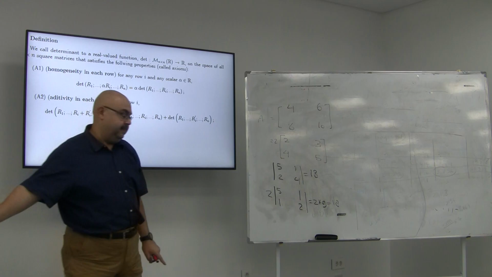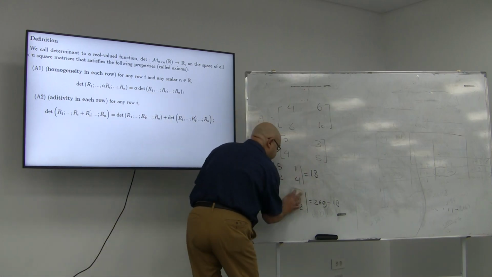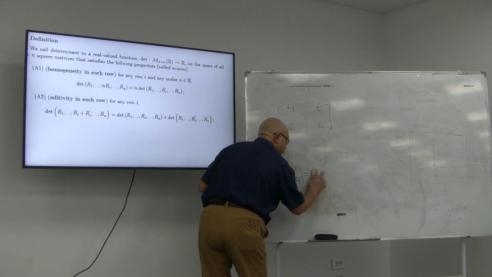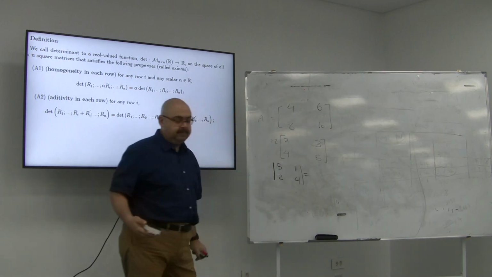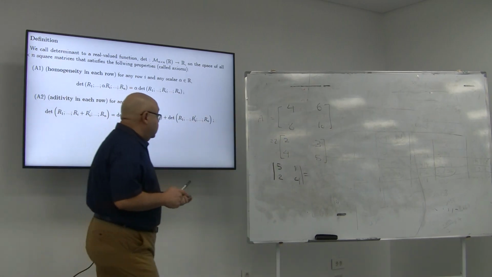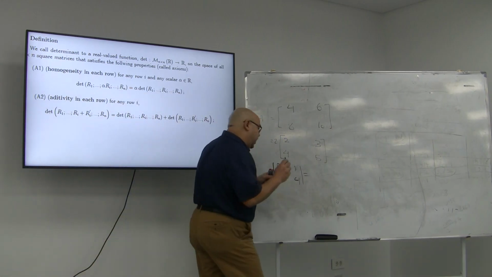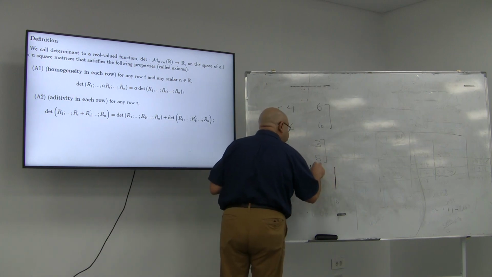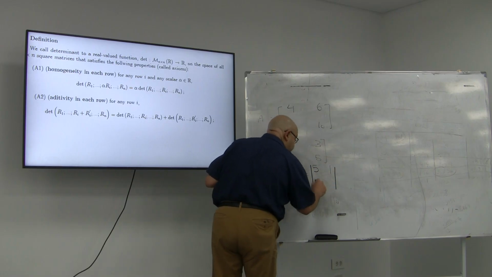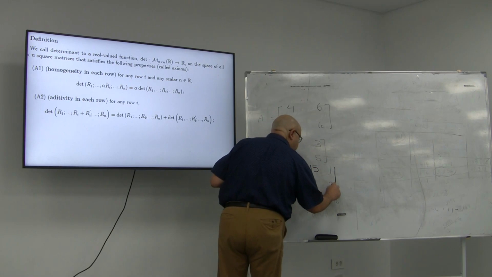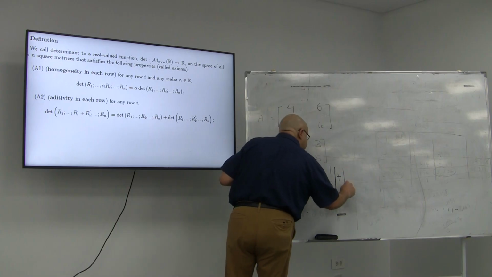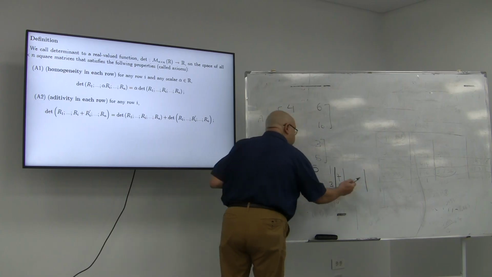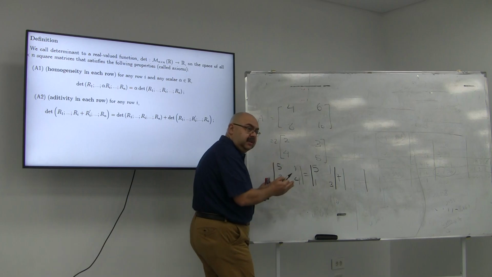For example, this determinant value will be equal to exactly the determinant value of this one, 5, 1, okay, I can put 1 and 3, plus the second determinant, to be able to evaluate it. And they have the same results.